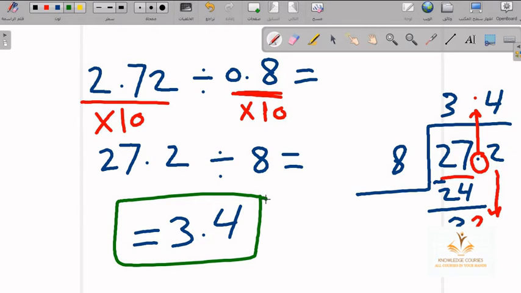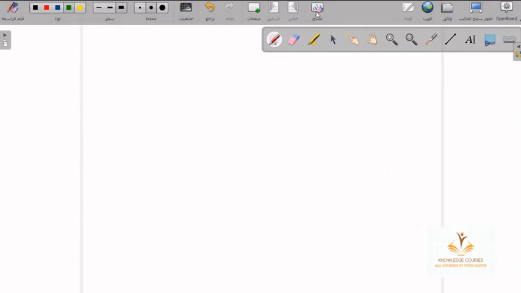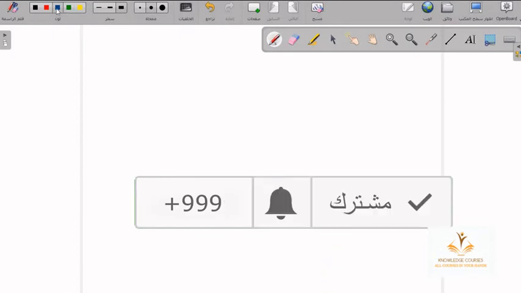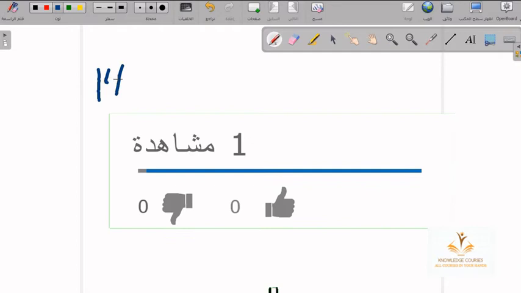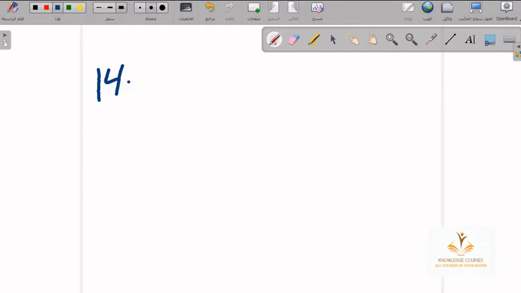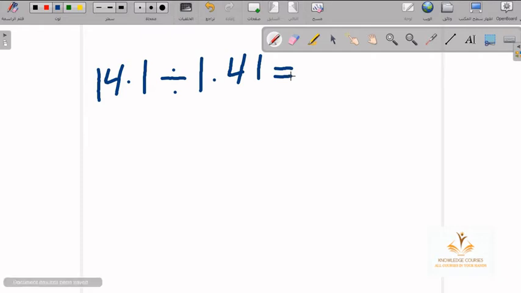Okay, another example: 14.1 divide 1.41 equals. We must change the divisor into a whole number. So we must multiply this divisor by 100. This is 2 decimal places, so this is multiplied by 100.